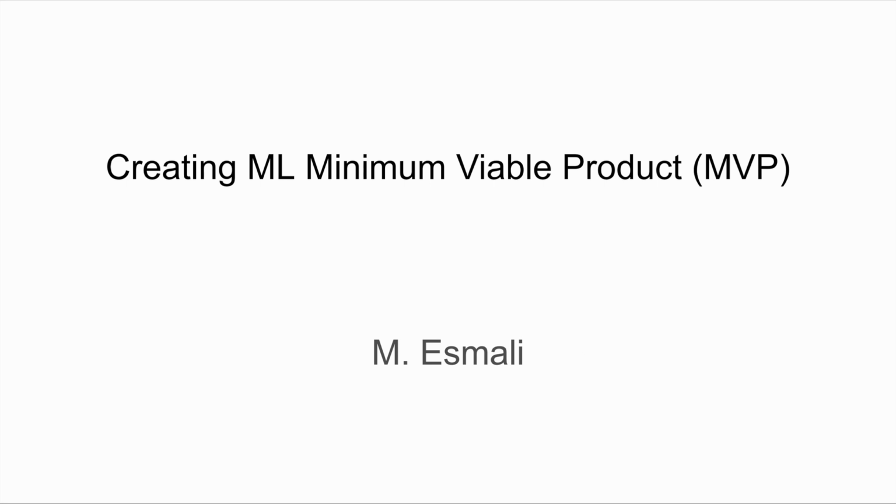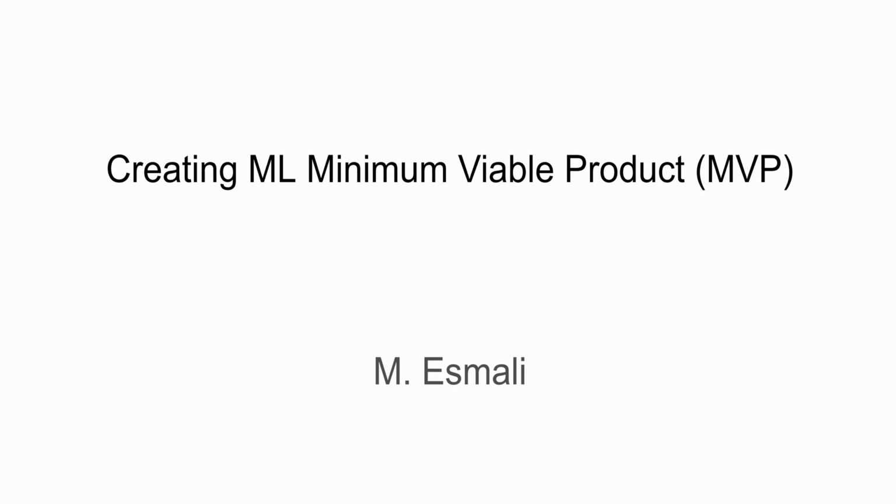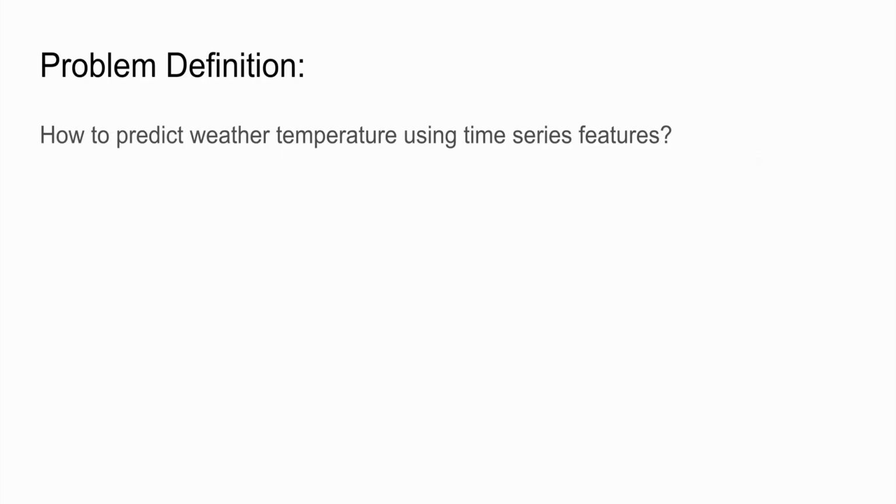Hello everyone. I have received some requests for creating minimum viable products, or MVP, for machine learning projects, and I have decided to give some examples about that. So the first example that I'm going to talk about is how to predict weather temperature using some time series features.